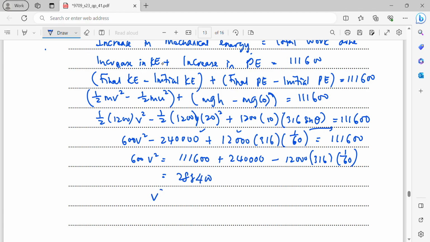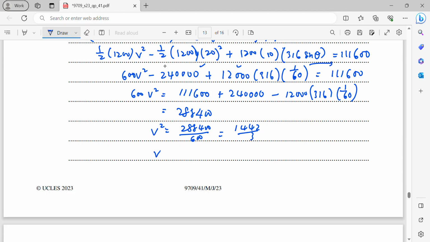Okay, so now my v squared is the division of these two values. Then you will get 1442 over 3. So at last, your v is the square root of 1442 over 3 because we are finding speed, so I will just take the positive value.